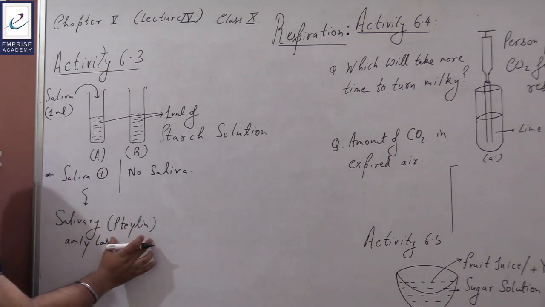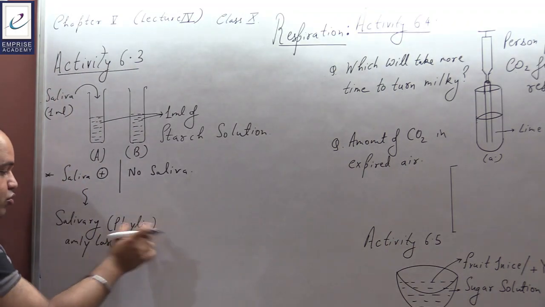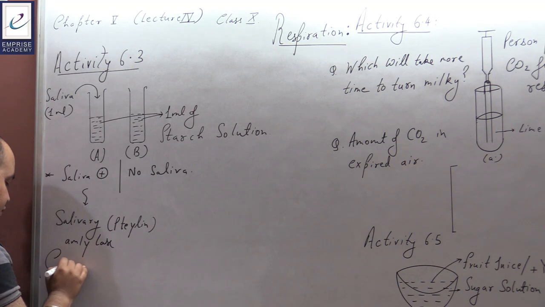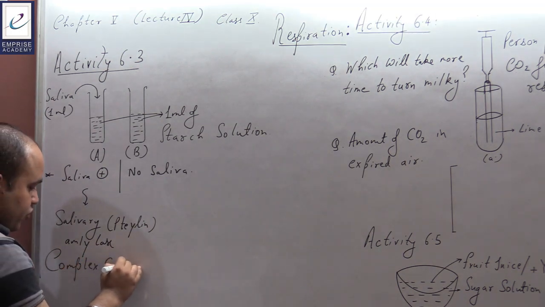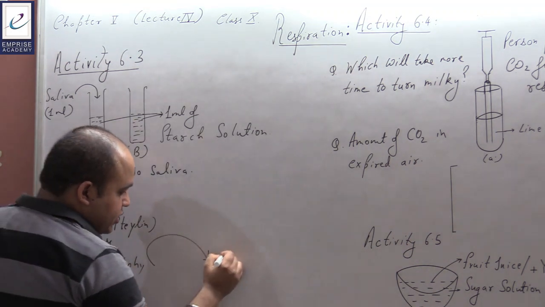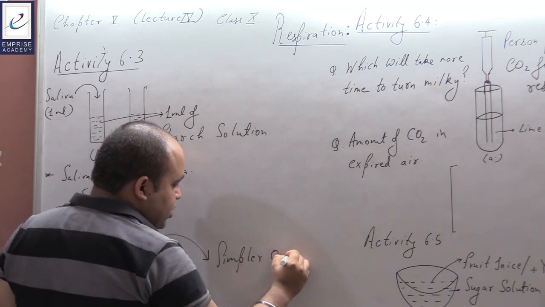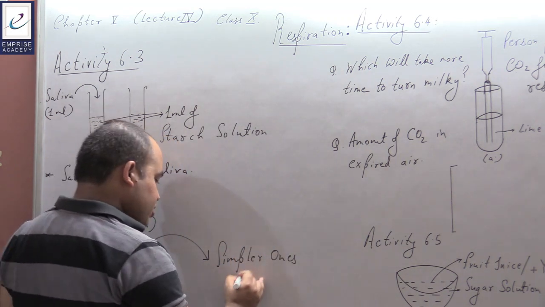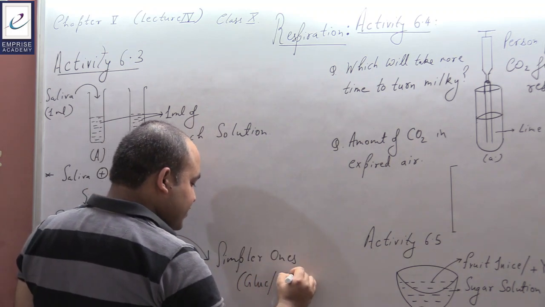This enzyme has the ability to convert the complex carbohydrates into simpler ones. Now which could be the simpler ones? The glucose, maltose, etc.